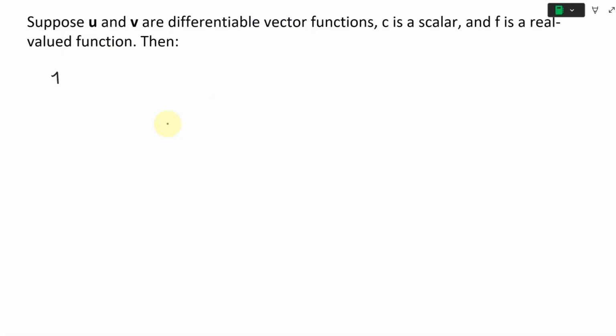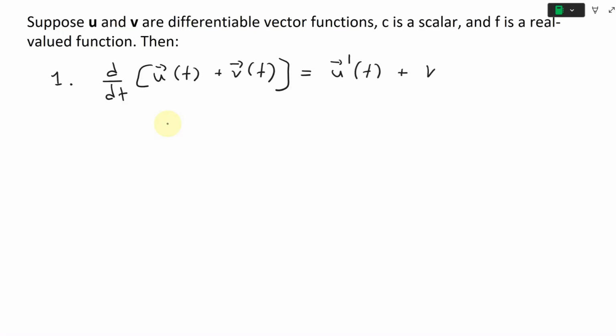The first property is regular addition: d over dt of u of t plus v of t just equals u prime plus v prime. I'll prove all these in exercises.